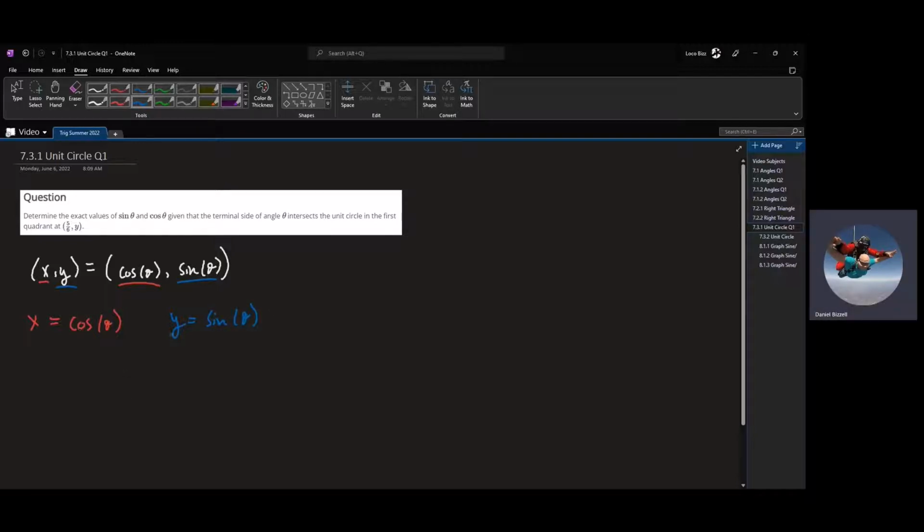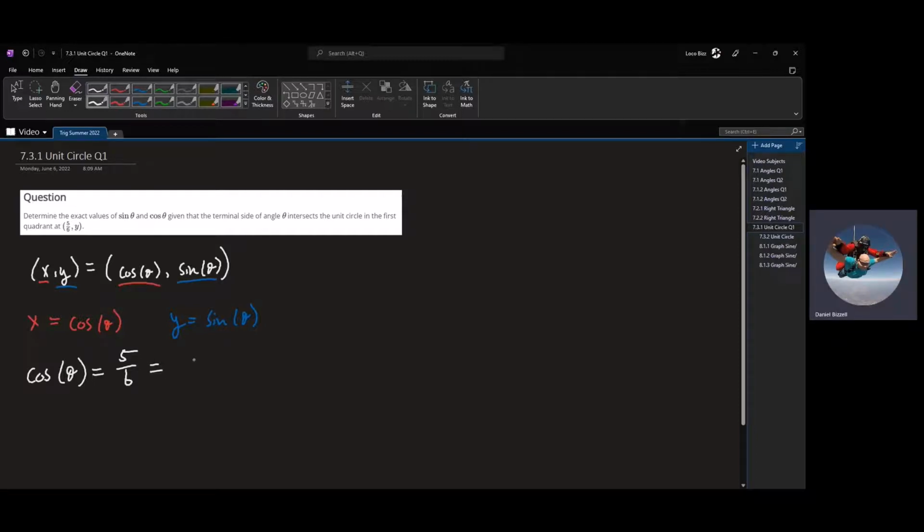Okay, so since we know this, we know what x is. So we can plug that in and get cosine of theta is equal to x, and our x is 5 over 6. But there's something else we know.